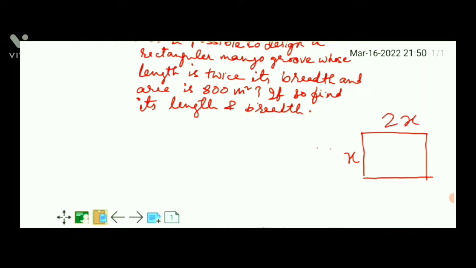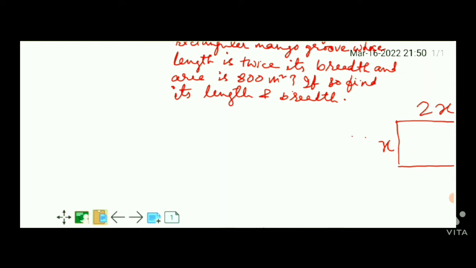Because we don't know the breadth, if the breadth is 10, then length will be double, that is, length will be 20. So we don't know the breadth, so we will consider the breadth is x. Then automatically length will be twice x. So we'll try to solve this.